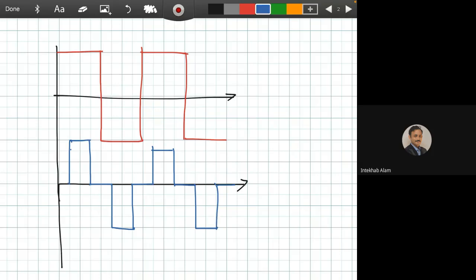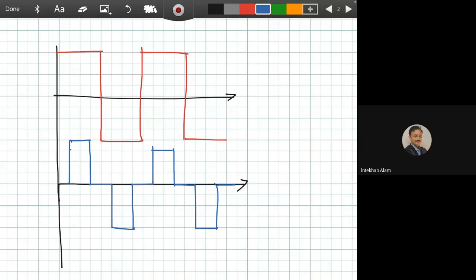So what will happen if the output is the red one or the blue one? Which one is the best?